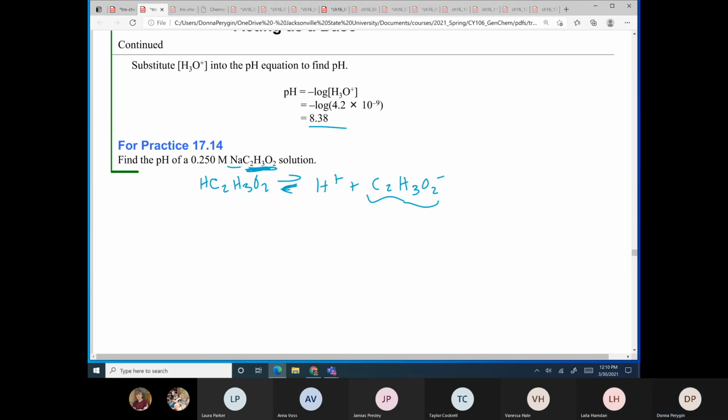So I can write an equilibrium expression for that.